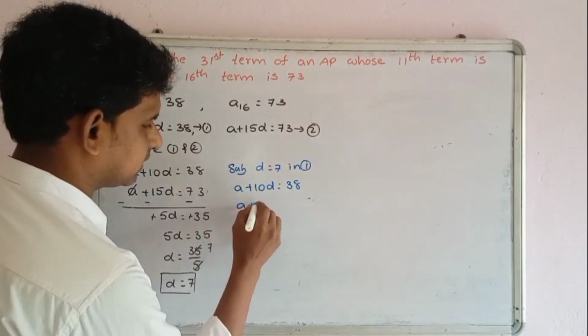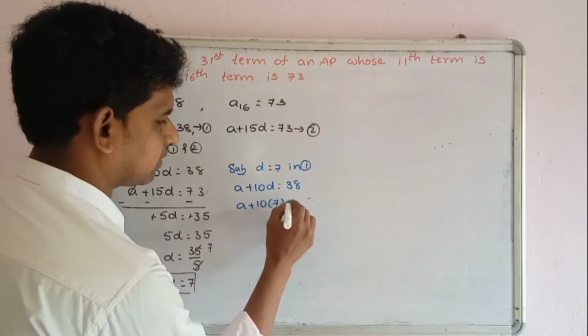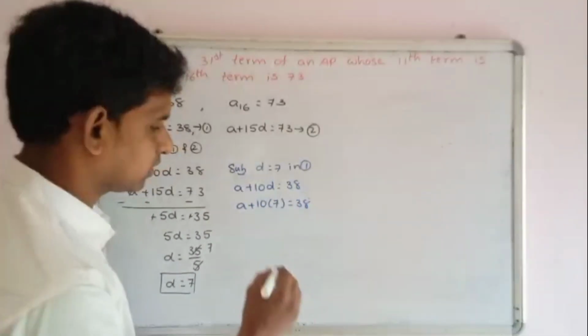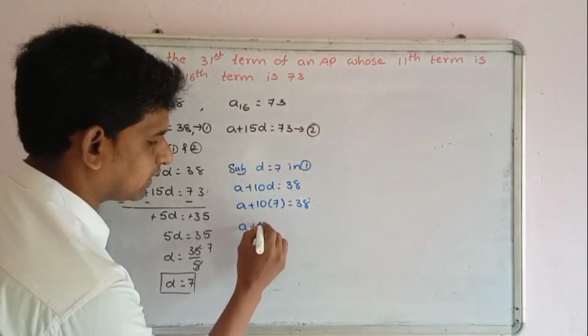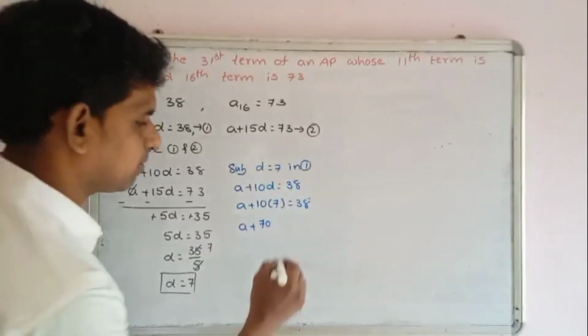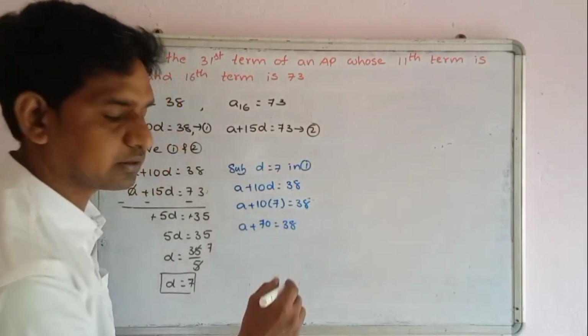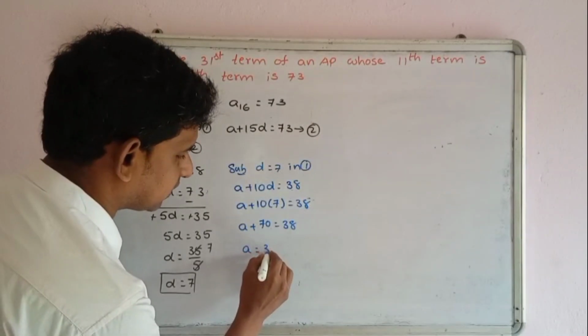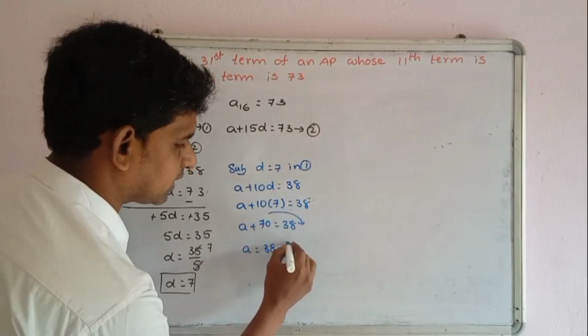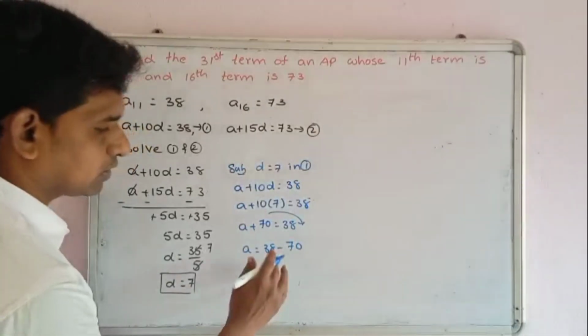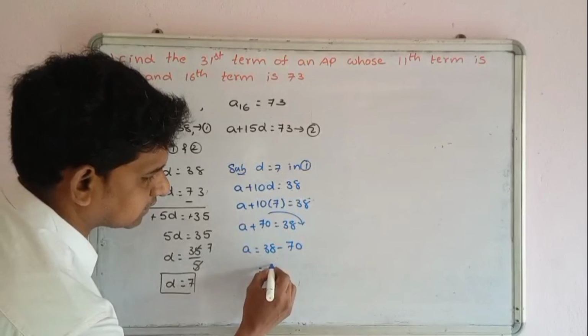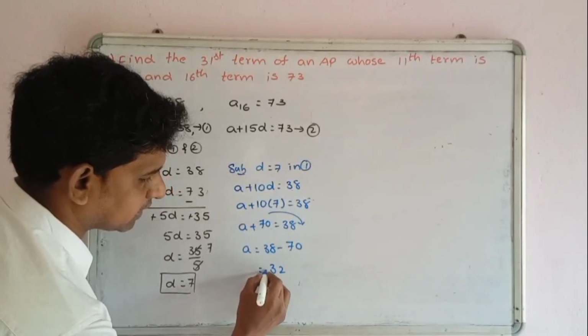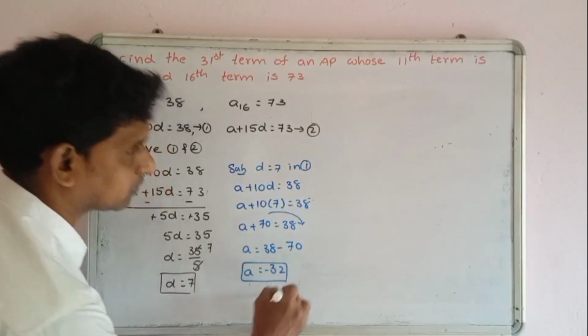So A plus 10 times 7 equals 38. So A plus 70 equals 38. So A equals 38, 70 transposes to the right side as minus 70. So 70 minus 38 is 32. So minus 32. A equals minus 32.